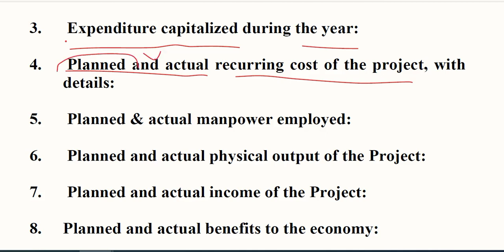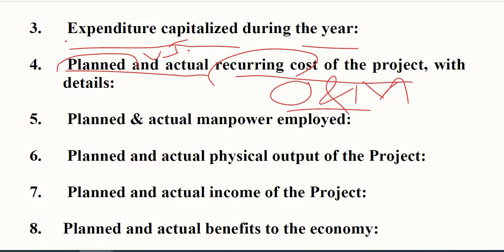We can do the comparison, that is planned versus actual recurring cost during this year. This can be another way of doing the evaluation, because O&M cost should also be assessed during this year of operation.